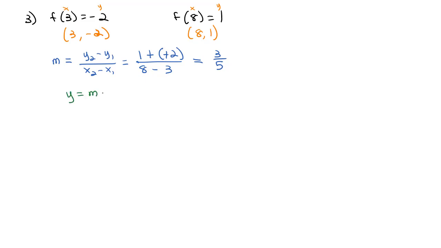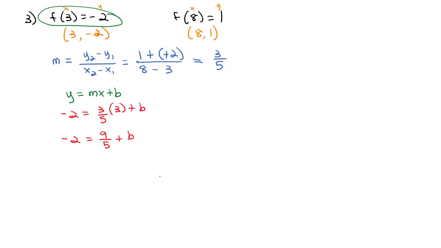Again, we can do y equals mx plus b. Use the first point to start plugging in and figure out what that b, the y-intercept, is. The y was -2. The slope was 3/5. The x was 3 plus b. Multiplying, we have -2 equals 9/5 plus b.